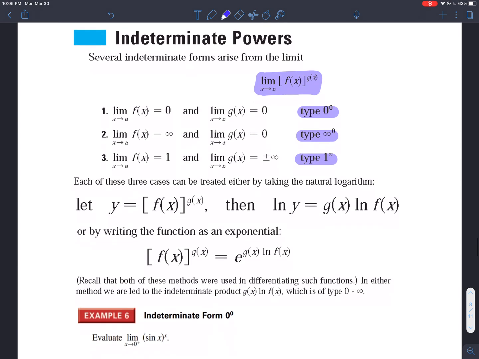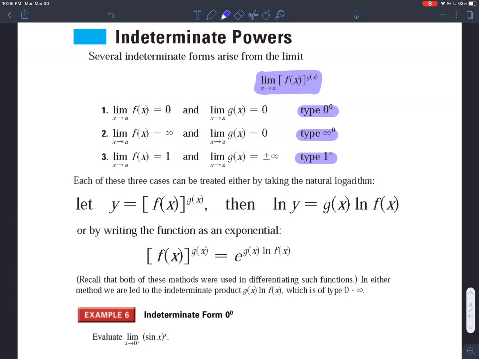In each of these three cases, the easiest strategy, the strategy I recommend, is that you assume that the limit exists and then take the natural log. So assume it exists, call it y, and then take the natural log of both sides, and evaluate the limit in that form. You could also do it by rewriting it with base e, but that's a tougher strategy, and most people would not do that.